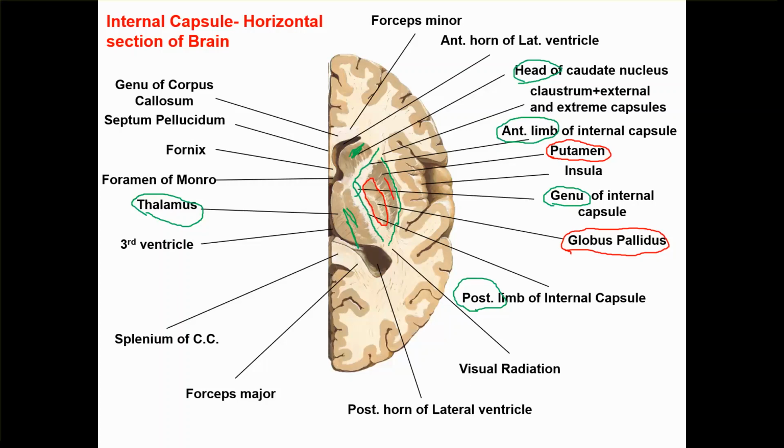Outer to the external capsule you can see gray matter, and the name of that gray matter is claustrum. External to the claustrum there is another capsule called the extreme capsule, the white one again.